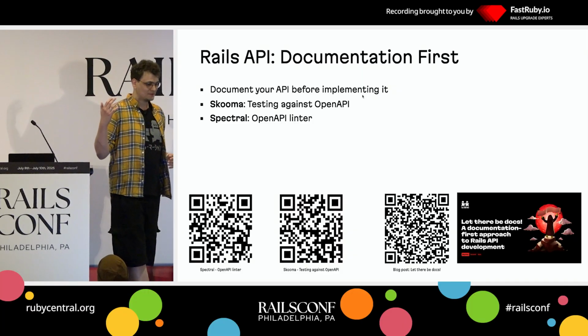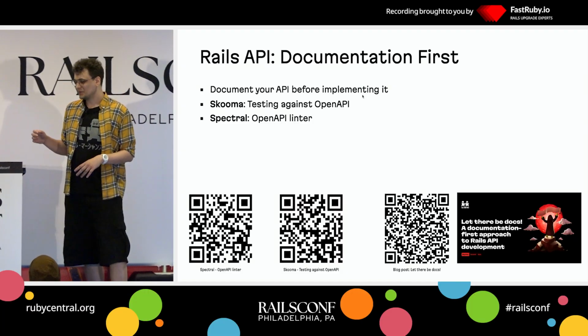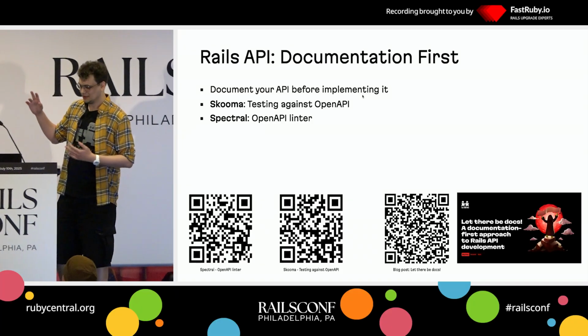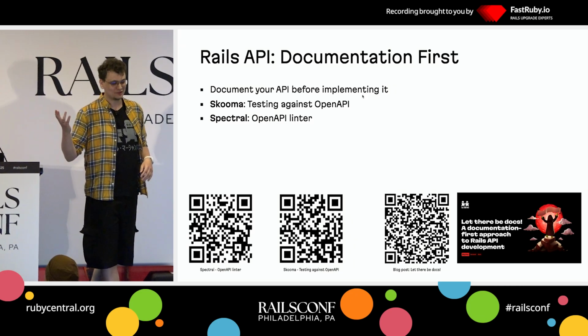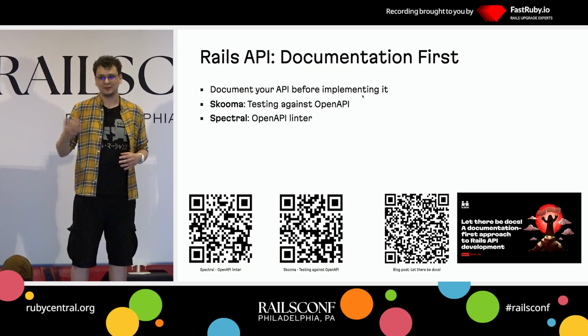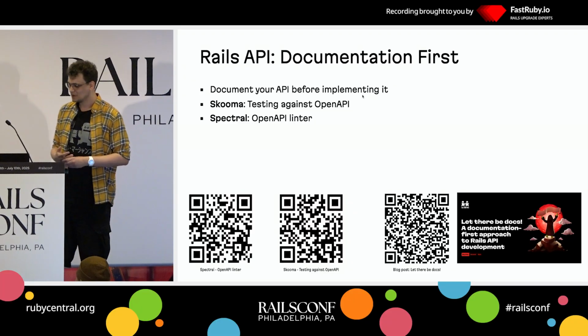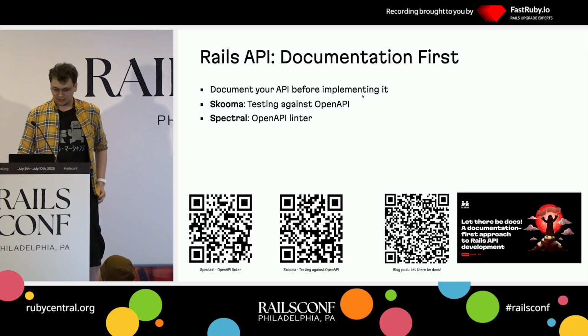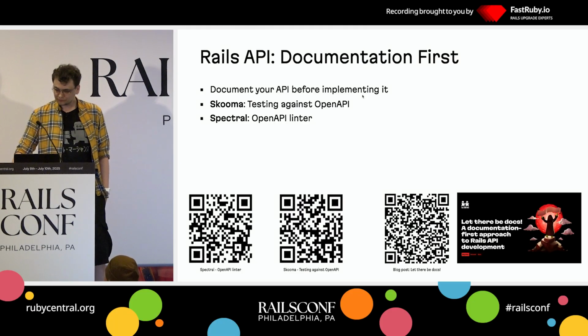And to make this easier, you can use, say, OpenAPI. And the best way to work with OpenAPI is to use Schema. This is a gem that helps you to validate your API against the OpenAPI schema, which works great. If you're interested, you can check the article about that.